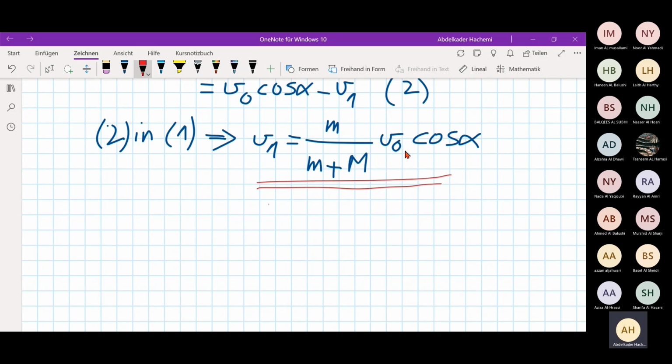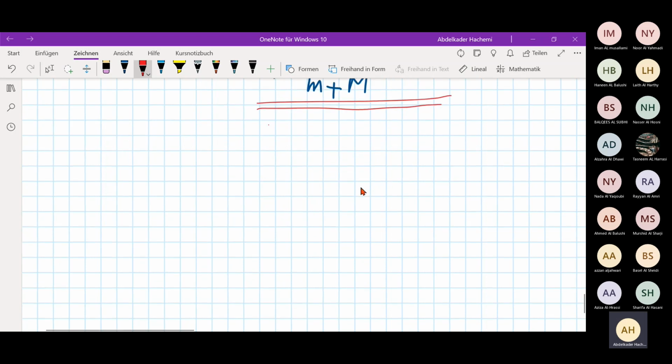Now, if we look to the V2 of the mass after the shot, the second question is to determine V2.